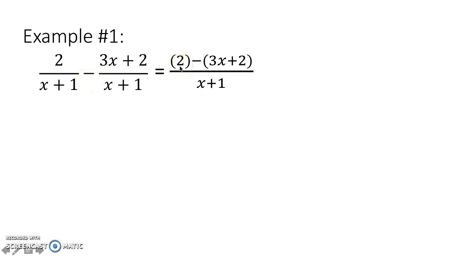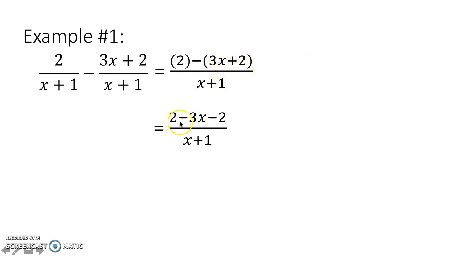Performing the indicated operation in the numerator would be like this. Notice that 3x plus 2 becomes negative 3x minus 2. Why is that so? This particular group is preceded with a negative symbol or a subtraction symbol. So this means that all the terms inside these parentheses would change signs.